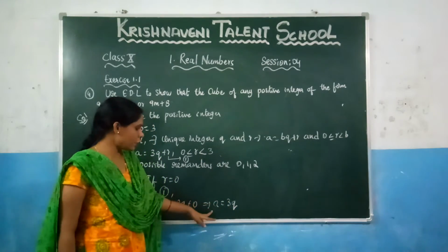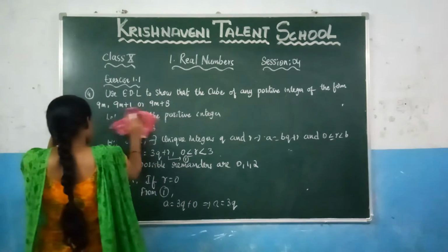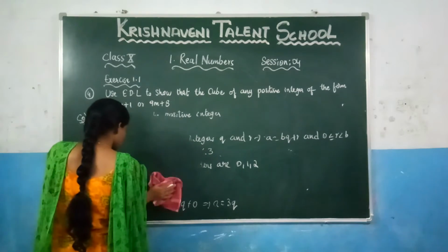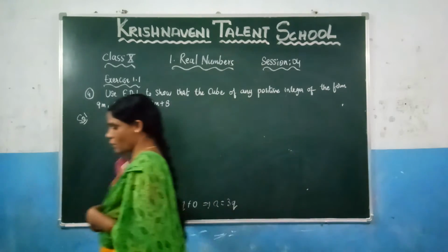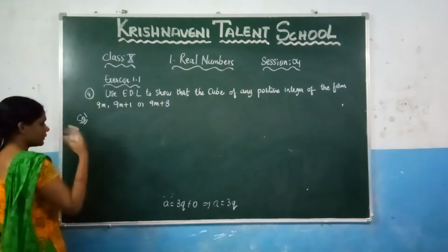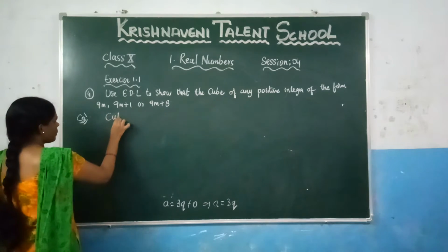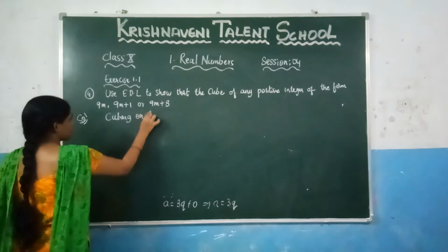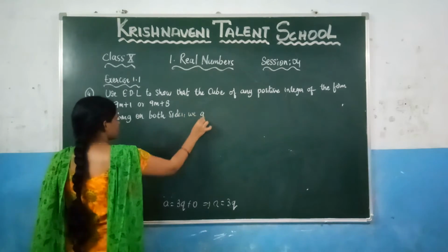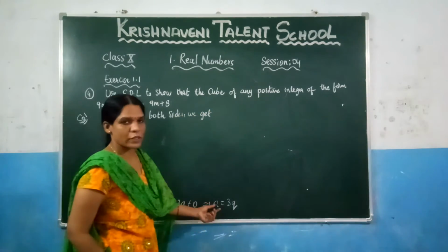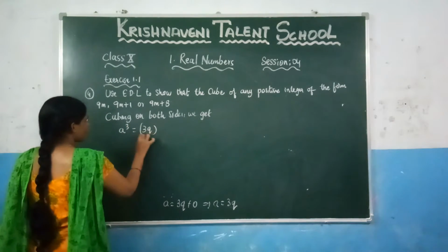For that we need to take cubing on both sides of this equation. So a cube is equal to 3q whole cube.